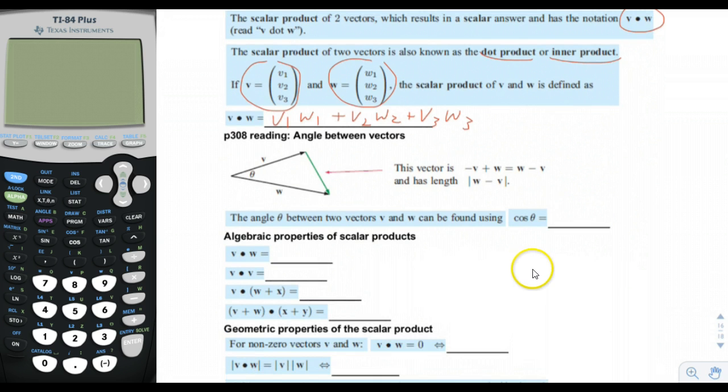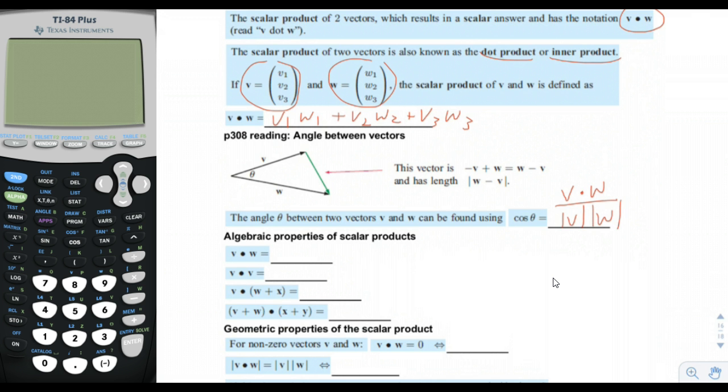This next part, I'm just going to present some of the properties of dot products or scalar products, things that came out of the derivation that we looked at in the investigation. The cosine theta of the angle between the two vectors can be found by taking the dot product of the two and dividing by the magnitudes of each vector.